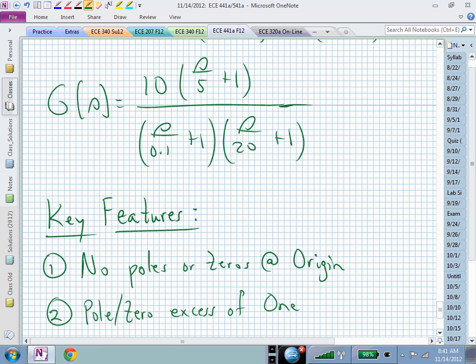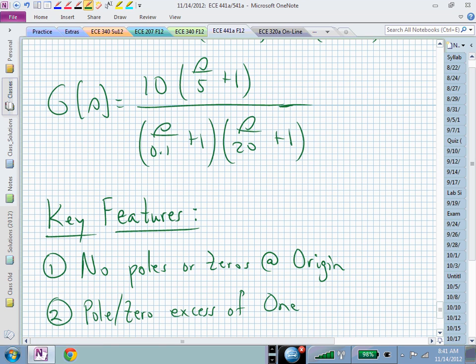If you have poles and zeros at the origin, your DC gain, depending on where they are, could be 0 or it could be infinite. So you don't necessarily have a DC gain if you have poles at the origin. But in this case, we do not have poles and zeros at the origin. We can simply set the s's to 0, and all of those time constant factors are gone, and all we're left with is the gain that we isolated to begin with.